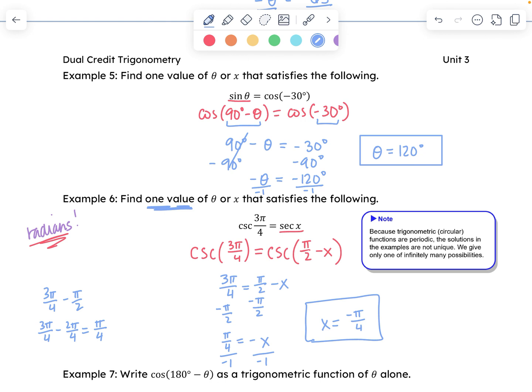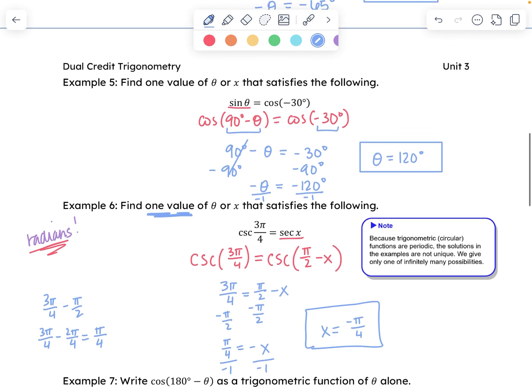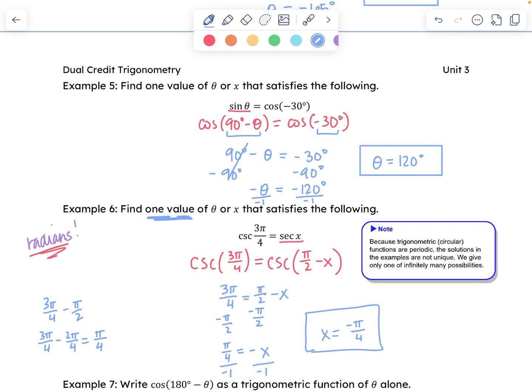They keep following that wave on the graph that we talked about for sine and cosine, or our different graph patterns that we talked about in chapter 4. So just keep that in mind. We are only finding one of the possible answers here, so that's why our directions say find one value of theta or x.